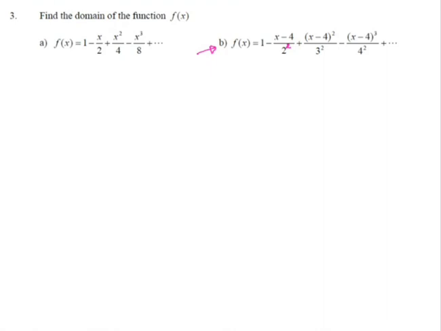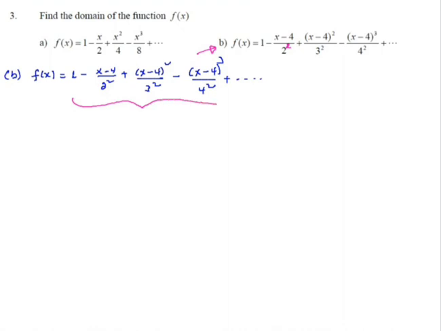እንዲህ ከሆነ ዶሜኑ ምን እንደሚመስል ላሳያችሁ። So if the function is f of x is equals to 1 minus x minus 4 over 2 square plus x minus 4 the whole square over 3 square minus x minus 4 the whole cube over 4 square plus and so on. ይሄንን ፓወር ሲሪስ በጀነራል ፎርም ማስቀመጥ ይቻላል። እንዴት አድርገን?